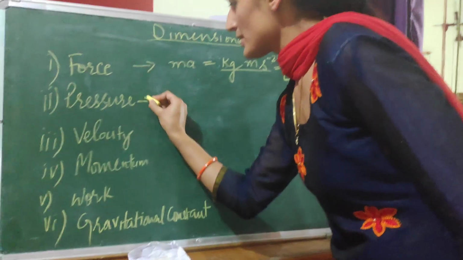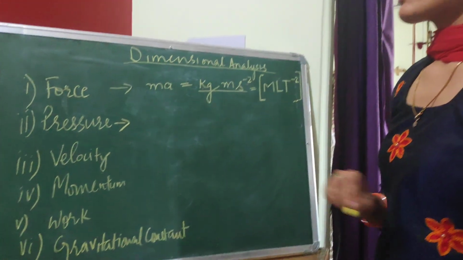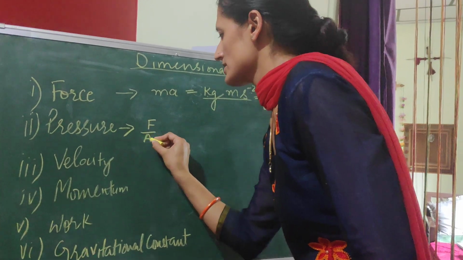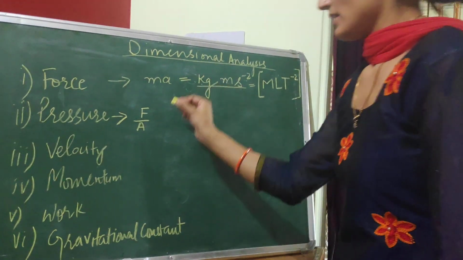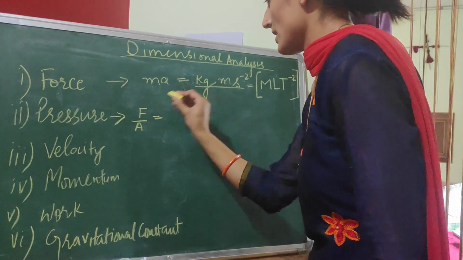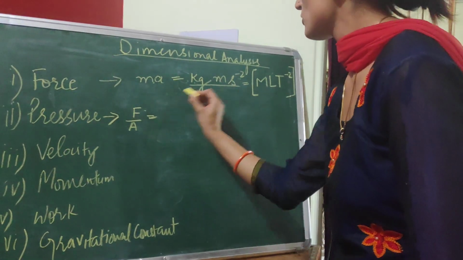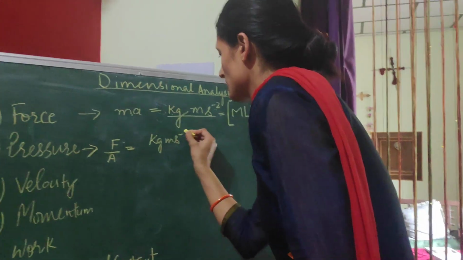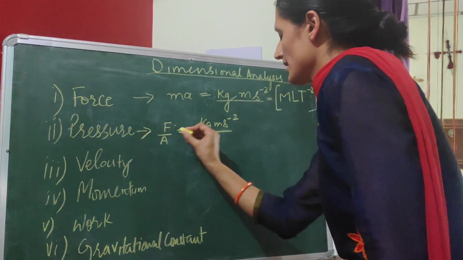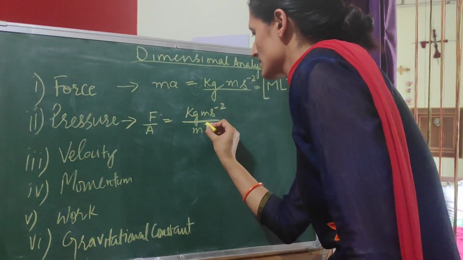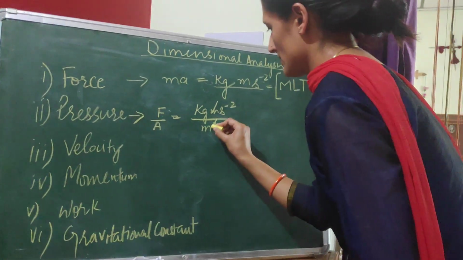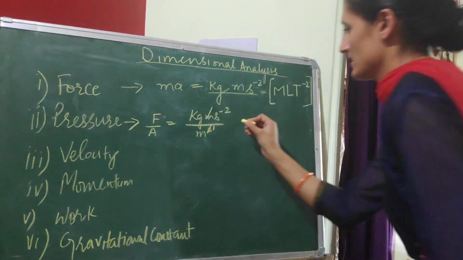Similarly, pressure. Pressure is force divided by area, or thrust divided by area. As you all know that, I am not going to do it once again. Force is kg meter second minus 2 and area is meter square, so meter gets cancelled.